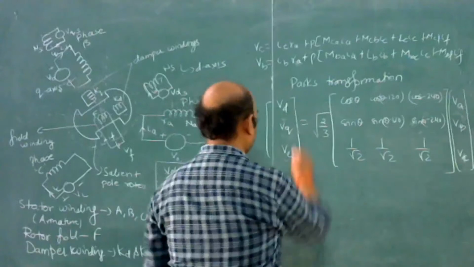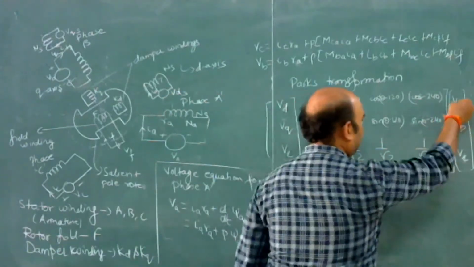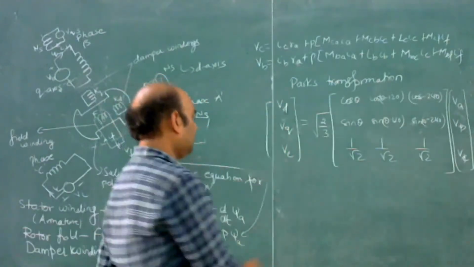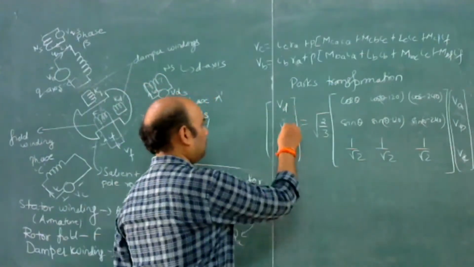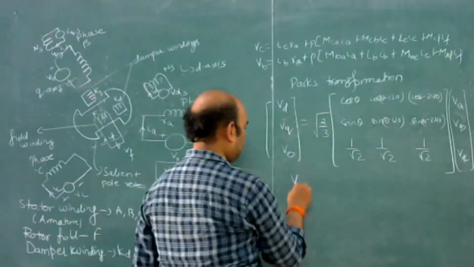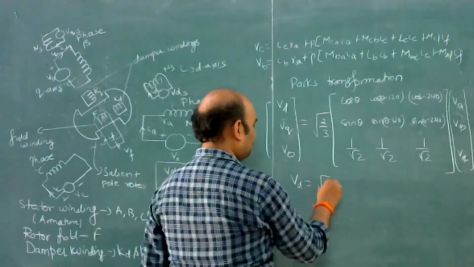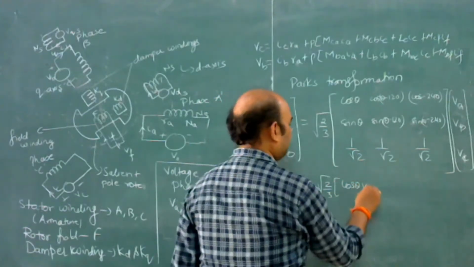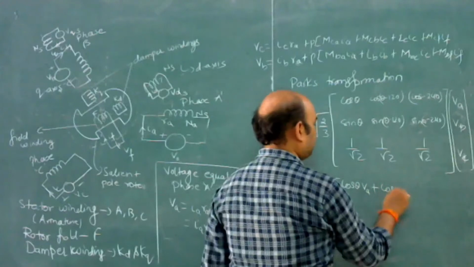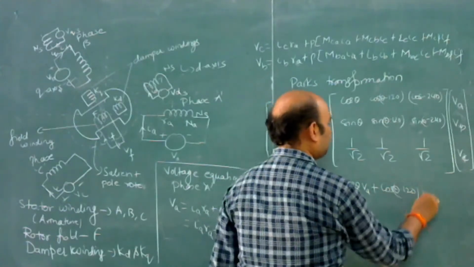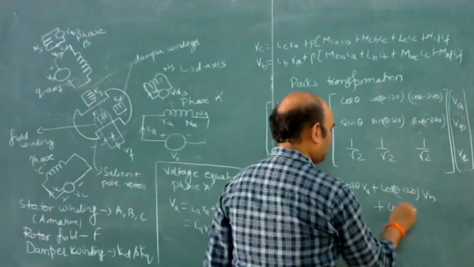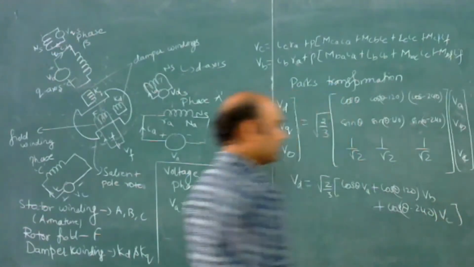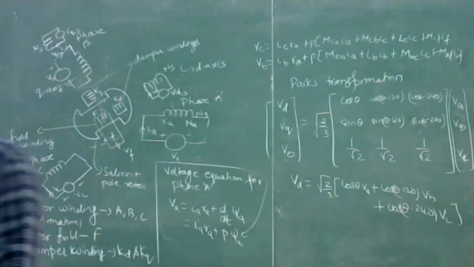We can convert this three-phase voltage VABC into these DQ variables. So VD will be equal to root 3 by 2 into cos theta VA plus cos(theta - 120 degrees) VB plus cos(theta - 240) VC.